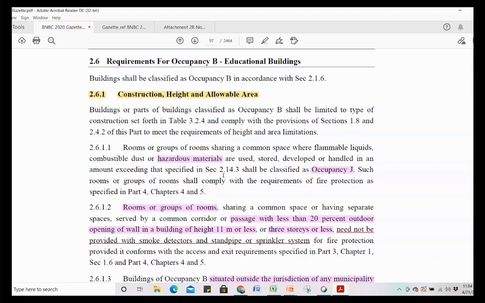So for that particular aspect, there is a guideline.